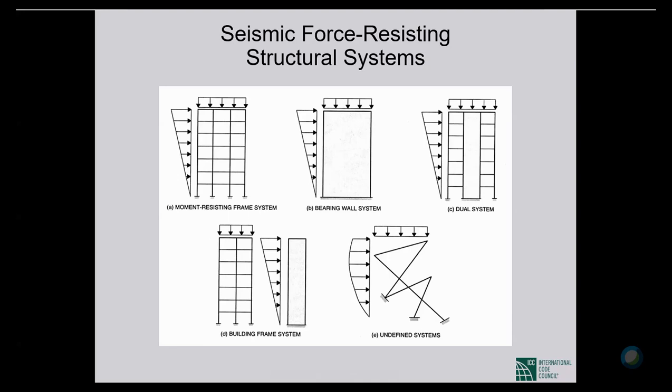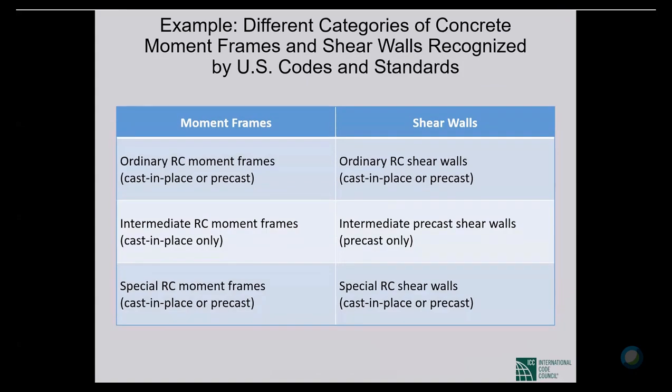There was a time when they tried to introduce moment frame of masonry, but the marketplace didn't react all that well, so it is no longer there. And you don't build frames with wood, but steel and concrete, and these days there is composite steel and concrete moment frames. So there are 3 levels of detailing, there are different materials of construction, and 4 basic structural systems. All together, we have a lot of choices, as you will see as we take you through the details of code provisions.